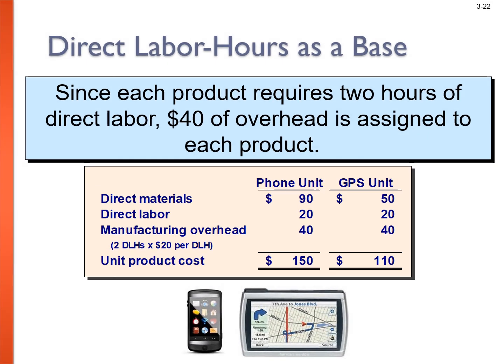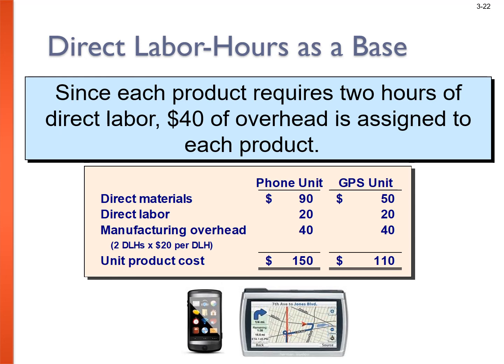Now, let's go to the phone. The phone unit has direct materials of $90, direct labor of $20. And if there are 2 direct labor hours, we're going to apply the overhead at $20 an hour for $40. So according to traditional costing methods, it costs $150 to make this product.